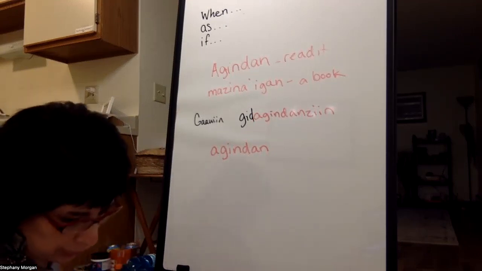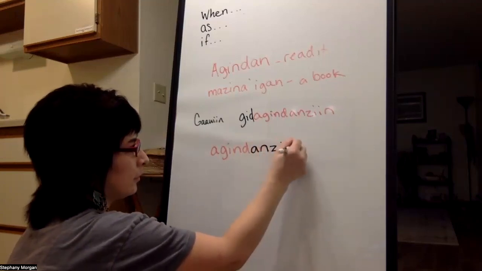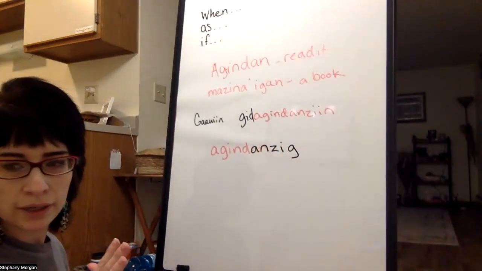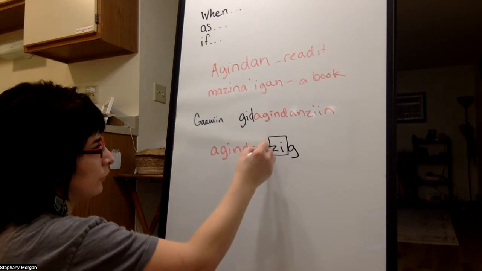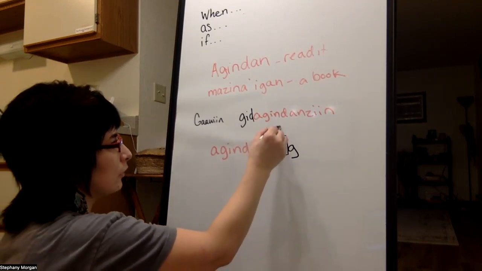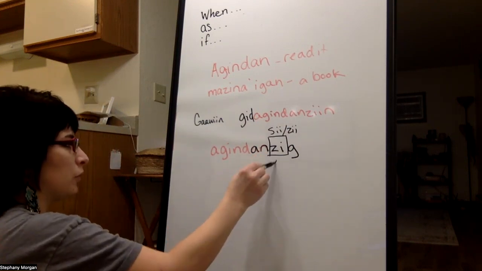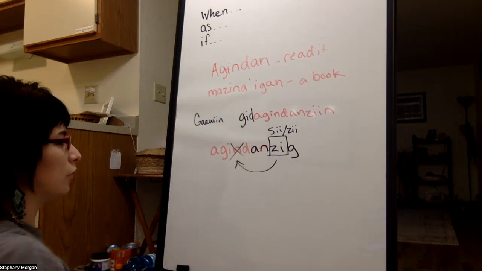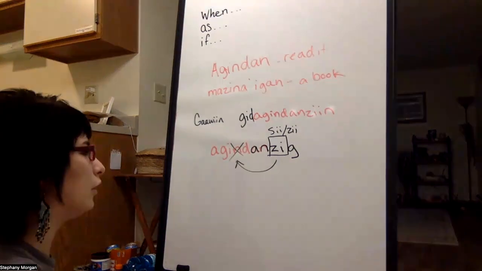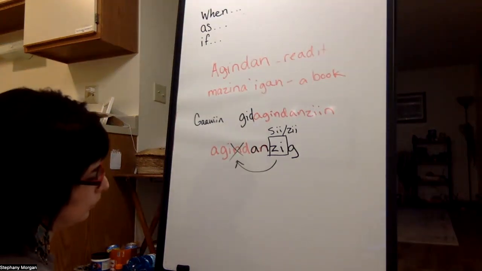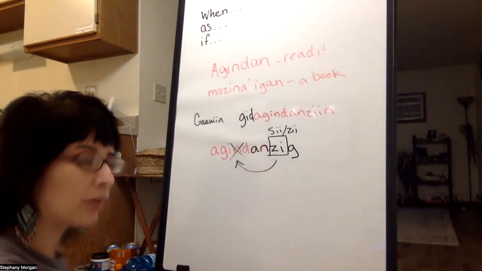I think I was using agindanzig. And it's kind of less obvious in B form, but here is our form of C, Z, that is present, that makes the verb not happen. So agindansig mazinaigan, when he was not reading a book, and then you would continue on with whatever else you were going to say.